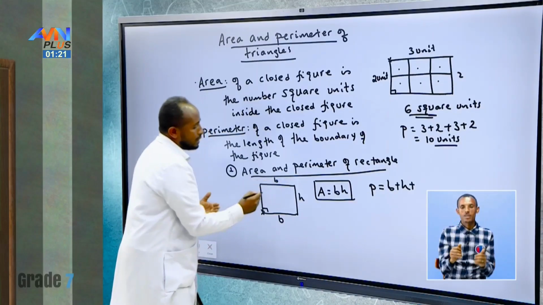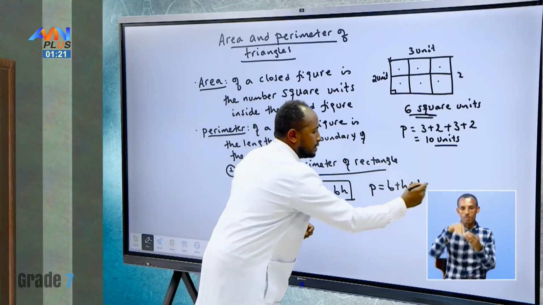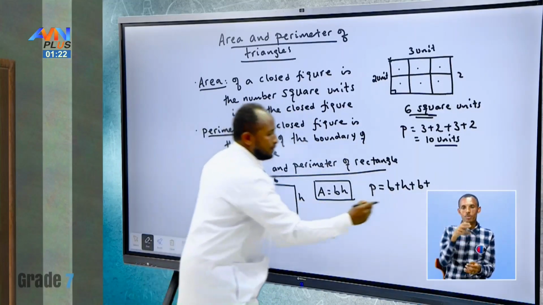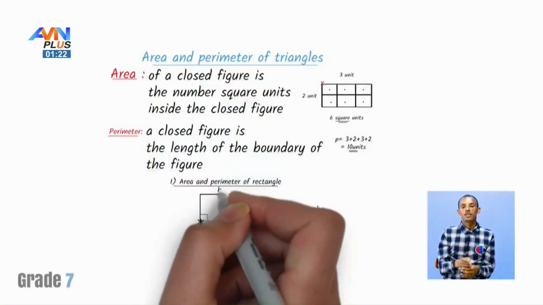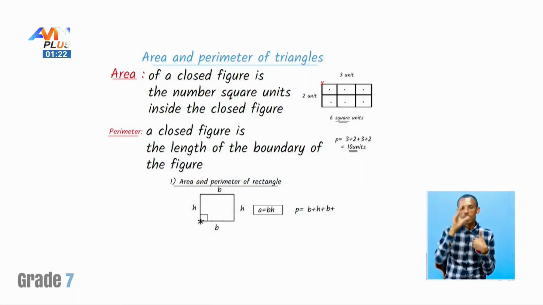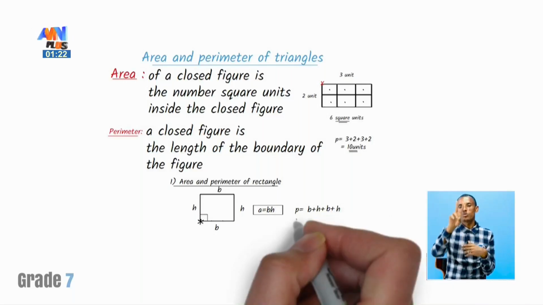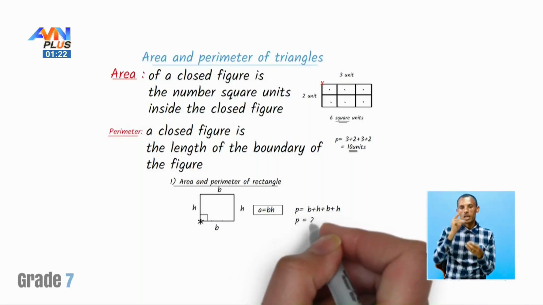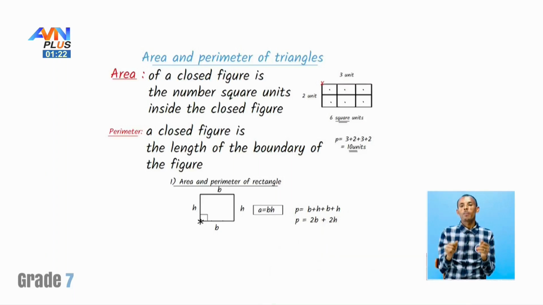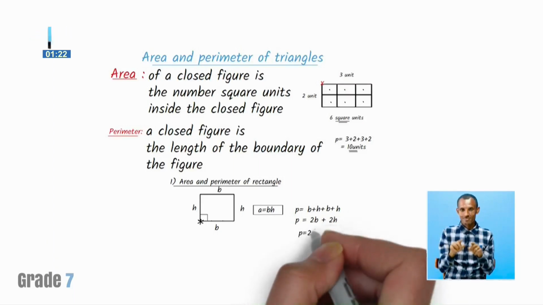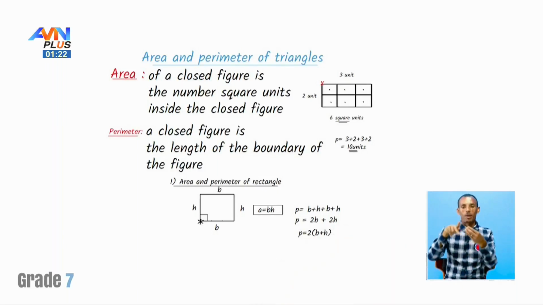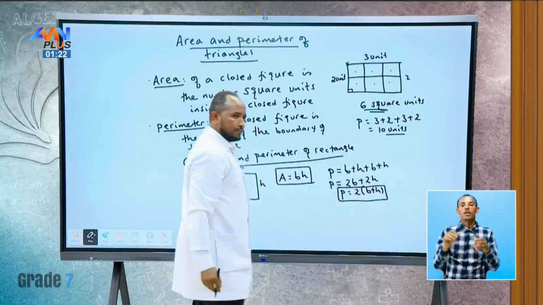Therefore, this one is B, plus this one is H. Simplifying, B and B are like terms, so you can add these two. You have 2B plus 2H. Factoring 2 as a common factor, it becomes 2 times (B plus H), which is the perimeter of a rectangle.